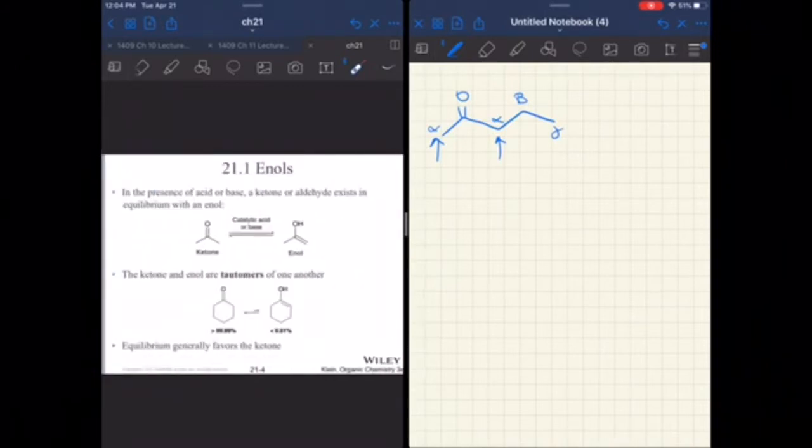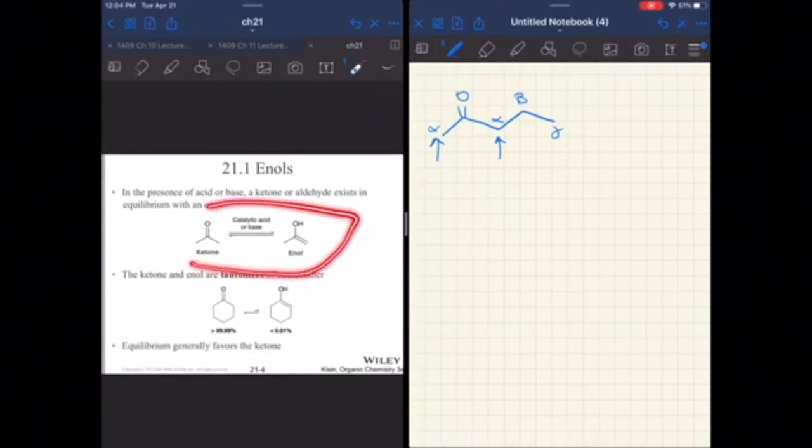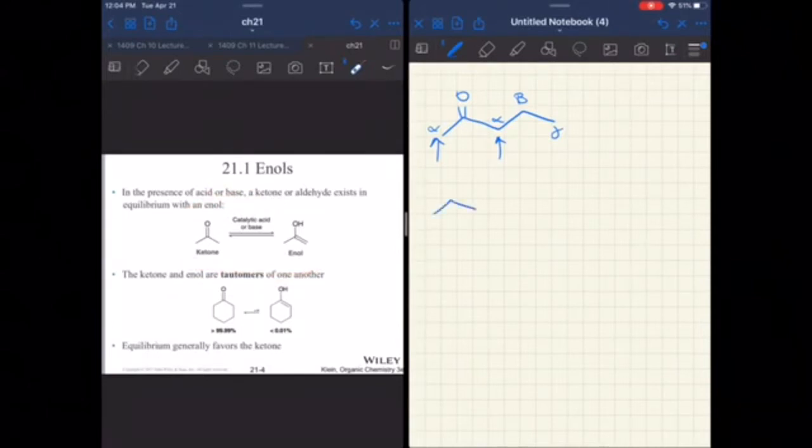Now, we have seen this transformation here, but in the other direction, this tautomerization in Organic 1. You know this reaction from Organic 1 where you have a triple bond and you add water across it, and it can be Markovnikov or anti-Markovnikov. I'm just going to look at the Markovnikov version.